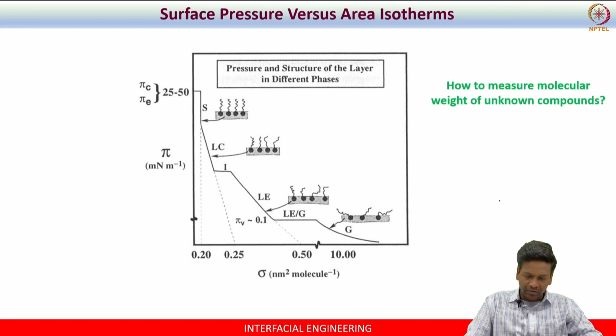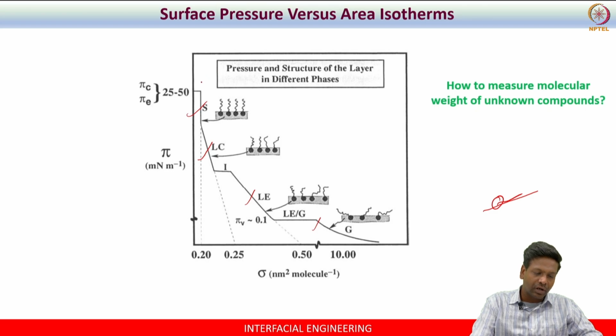So they will be at the interface, but the tail will be lying flat at the interface. In this way you can say that they are not active at the interface, because they are in the gaseous state, right? And then as you move the barriers towards each other, they go from one state to another, which is gas to liquid expanded state, then liquid condensed state, then solid state.